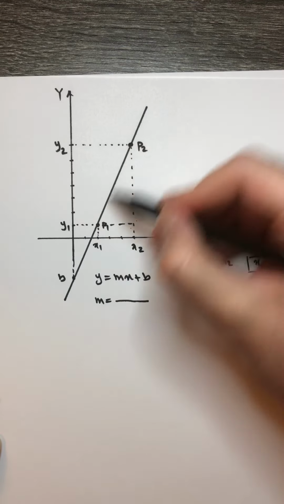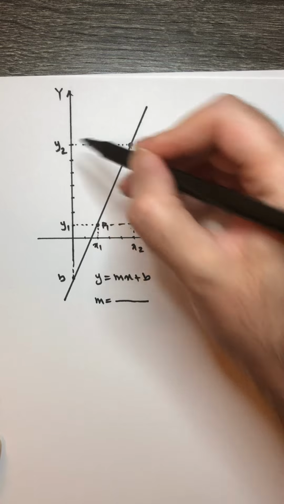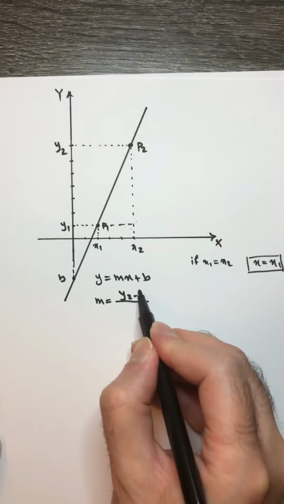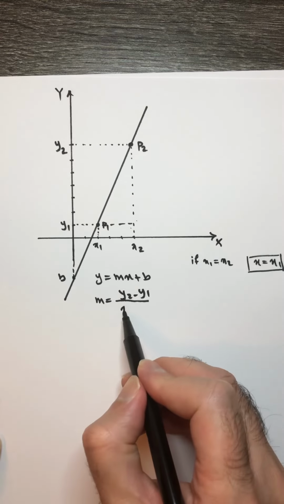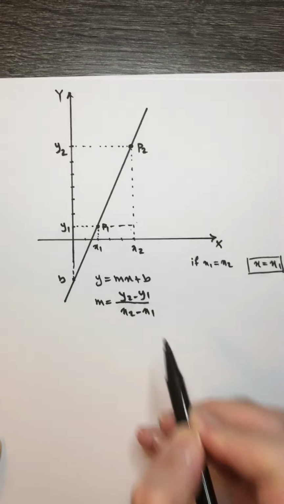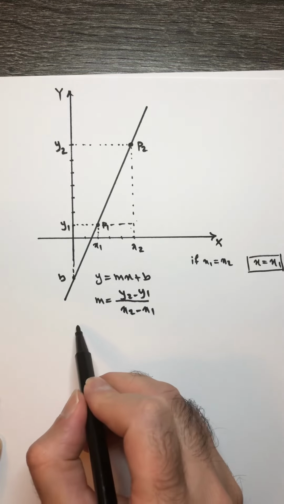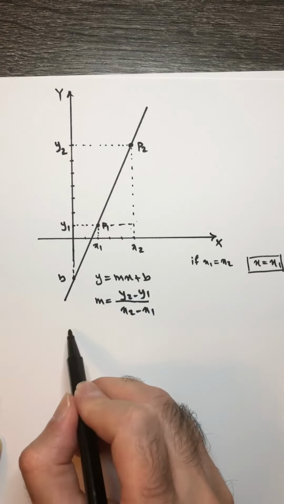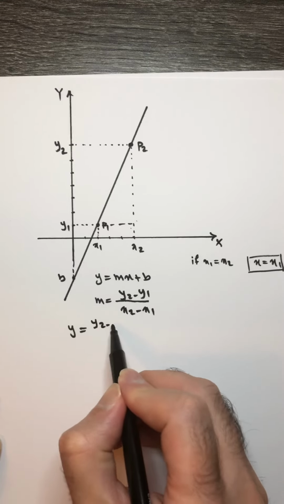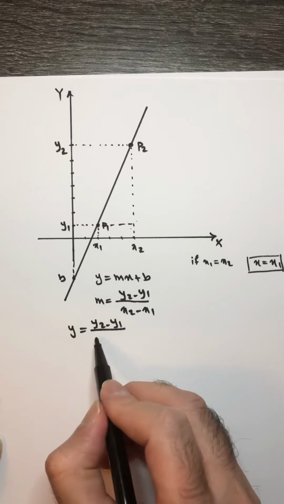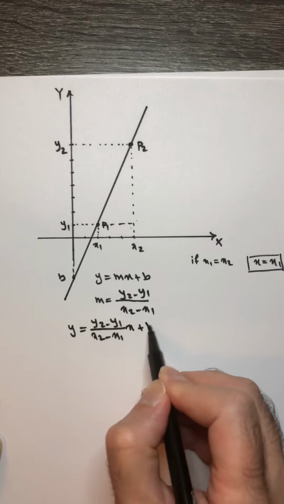So for this line, for P2 the y-coordinate is y2, so it's y2 minus y1, and the difference of the x-coordinates is x2 minus x1. So that's it. Then if we insert m into this equation, we have y equals y2 minus y1 divided by x2 minus x1 multiplied by x plus b.